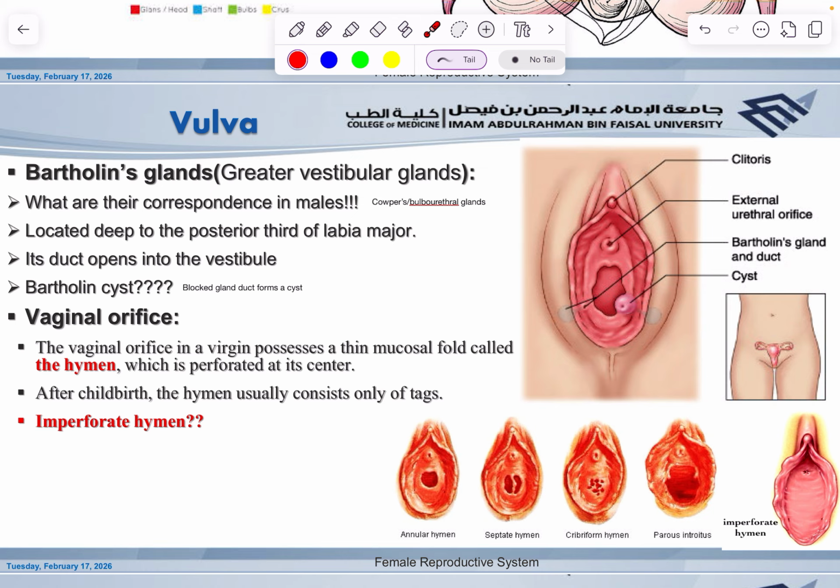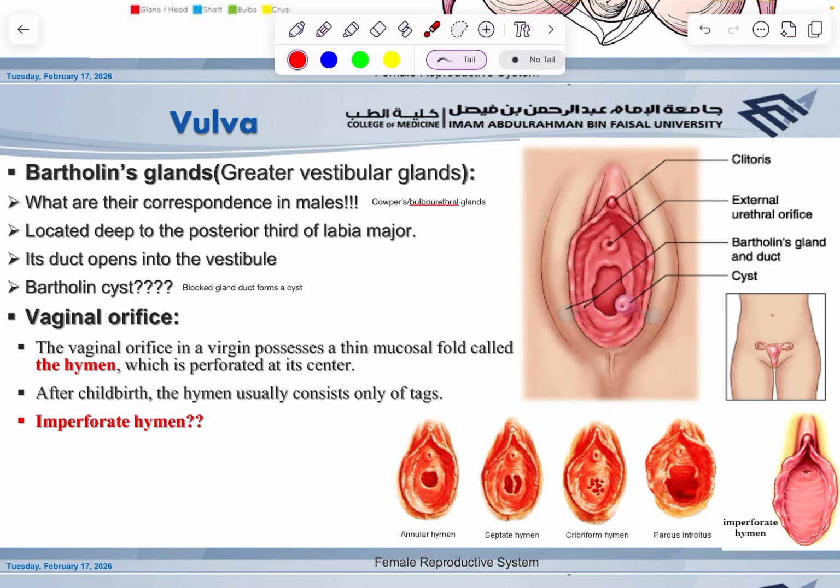They are, as we said, in the posterior third of the labia majora, and the ducts open into the vestibule, which is the part between the two labial folds. If we have, for example, a blocked gland, the Bartholin's gland, this can cause a cyst. So this is an important clinical application.